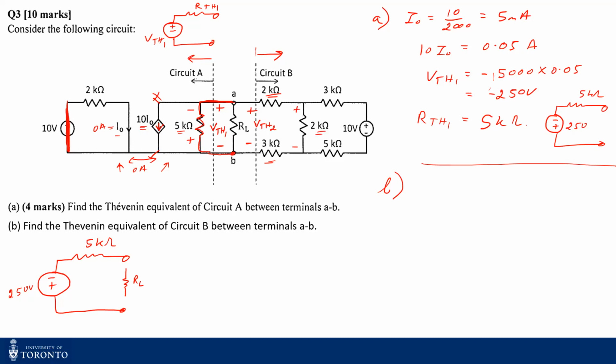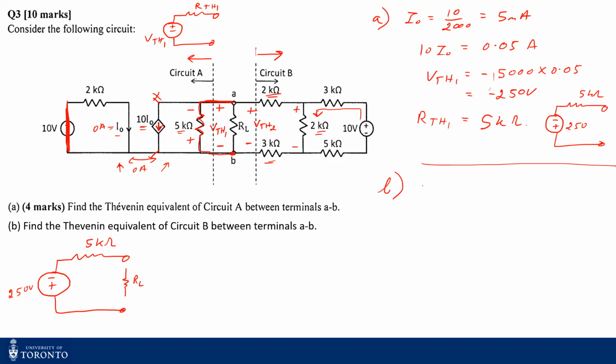So basically I have a series circuit, 10 volts in series with 3 kilo ohms, 2 kilo ohms, and 5 kilo ohms. In this case the current is flowing in the positive direction, so the polarity would be the same as the polarity I get for the VThevenin. So I can just apply a voltage divider.